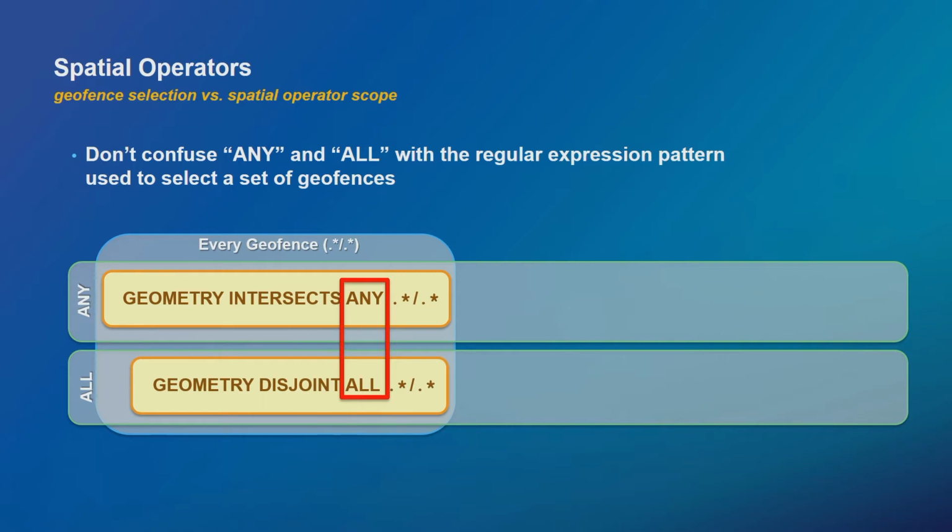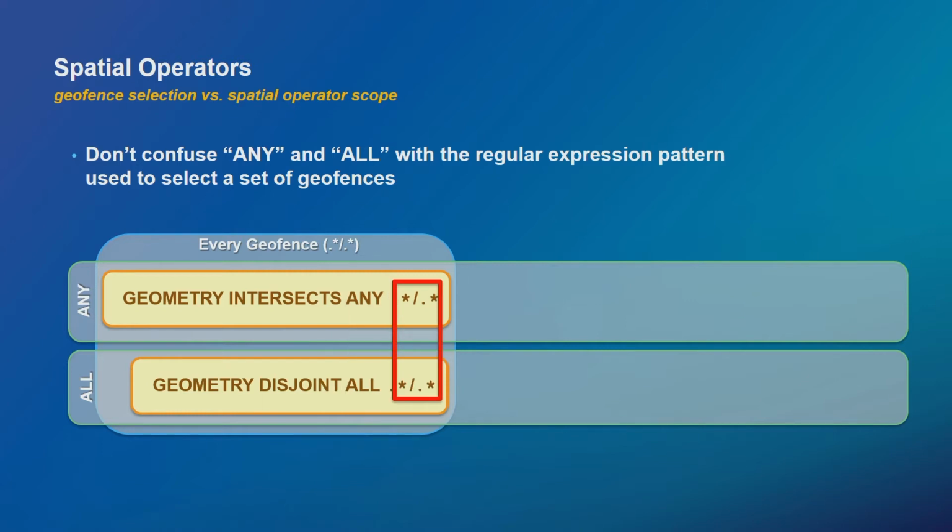So the any operator will look at any geofence. It doesn't have to be all of them, but so long as one geofence satisfies the condition, then the filter or the spatial operator is going to pass that event. And the all is kind of an and, so it's going to require that all of the geofences in that group have that same condition to apply before it passes the event on.